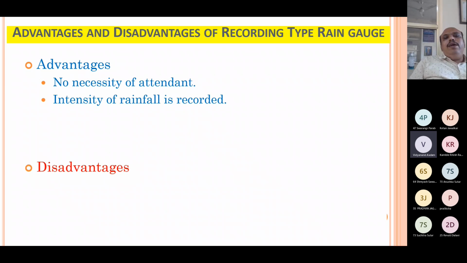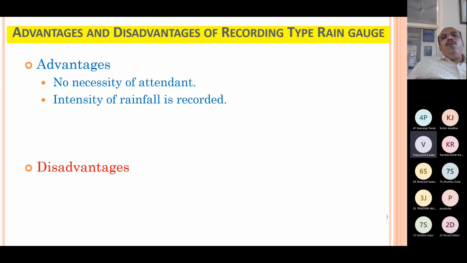In this case, intensity of rainfall is recorded. In non-recording type, the total amount of daily rainfall value is recorded. And here intensity of rainfall is recorded. Both values are useful, but intensity of rainfall value is useful in order to predict the flood, when the maximum discharge will reach at a particular point.